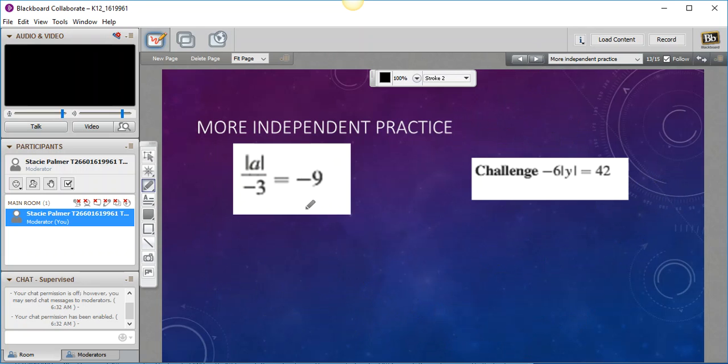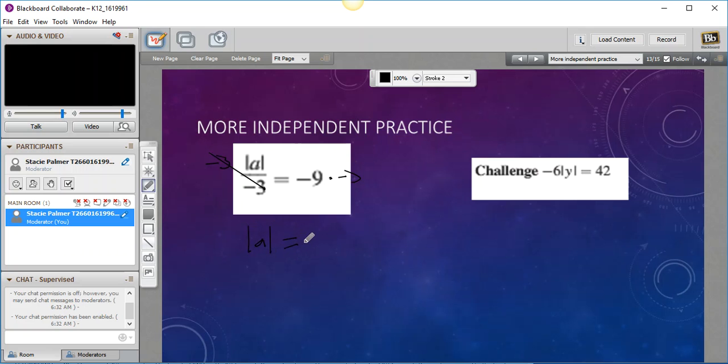Okay, let's do another example problem together. The absolute value of a divided by negative 3 equals negative 9. So the first thing we're going to do is isolate the absolute value by getting rid of this division of negative 3 by using multiplication. If we multiply the left side by negative 3, we have to multiply the right side by negative 3.